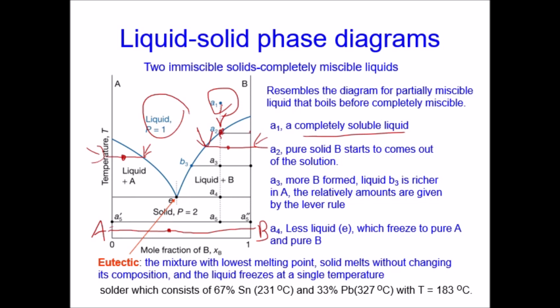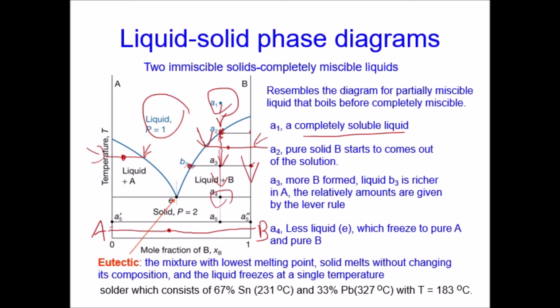Now, if you cool down to A3, you draw the teal line, you still see some liquid mixture and some B frozen out. So when the temperature goes down, you always see 2 phases, a liquid mixture and solid B. But as the temperature goes down, more and more B comes out, and less B remains in the solution until point 4.